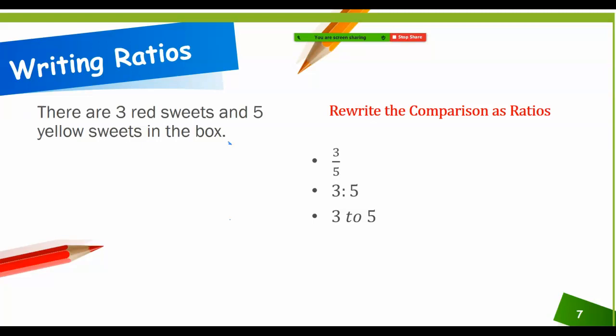How many candies do you have in all? 8. So when you do a ratio, it doesn't show you the total number. It shows you a comparison of 2 parts. So I think that's one of the most confusing parts of the ratios. It doesn't show you the total number. It shows you a comparison of the parts.